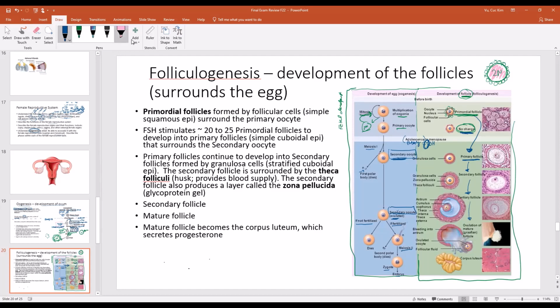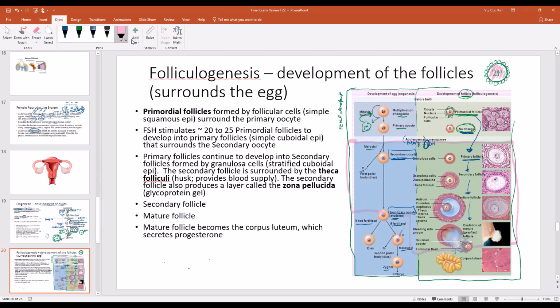If you didn't get it, let's see how that works. If you pair it right here, these changes from primary to secondary to tertiary to mature line up with the secondary oocyte. So while the secondary oocyte does not change, the follicles are changing.